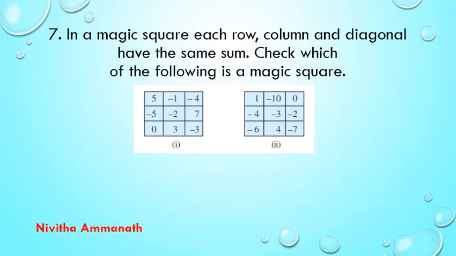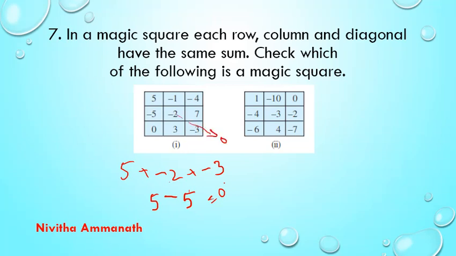Column wise you have to add and row wise you have to add, and then you have to add the diagonals also. We do the diagonals first: 5 plus minus 2 plus minus 3, that is the first diagonal. So it is minus 2 plus minus 3. Two negative integers adding gives a negative integer. So it is minus 5. 5 minus 5 is 0. So one diagonal is 0.